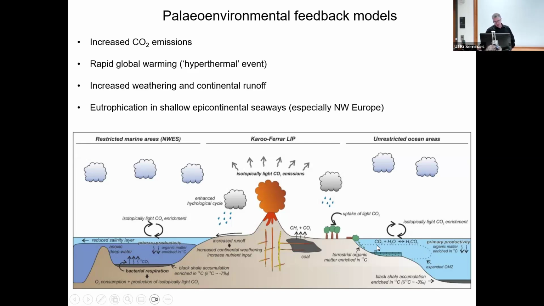And then in the open oceans, you could increase the extent of the oxygen minimum zones. You can start to acidify to some extent the water column, and again you'll increase primary productivity. So there's a whole series of things you might expect during a LIP event, which is basically a hyperthermal warming of the atmosphere in a relatively short period of time.